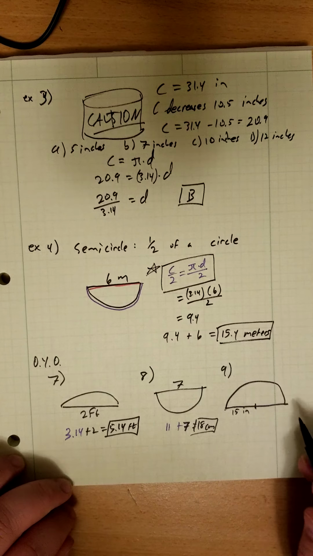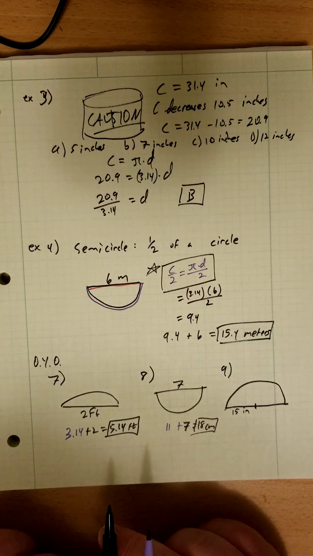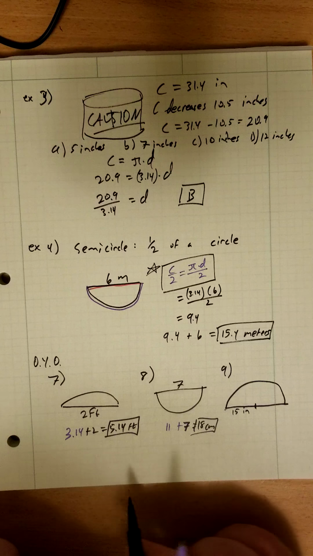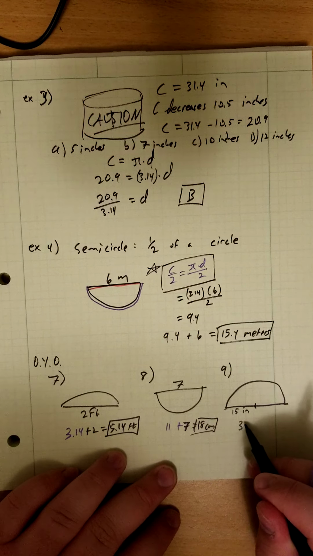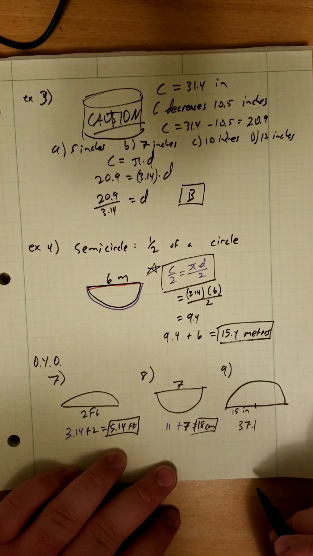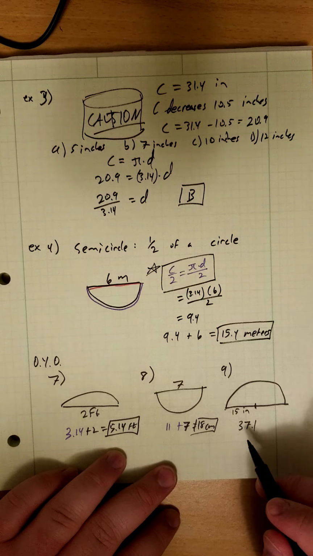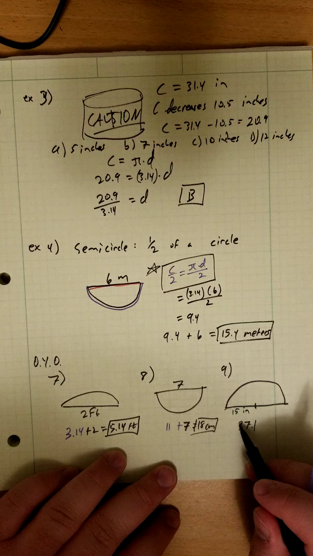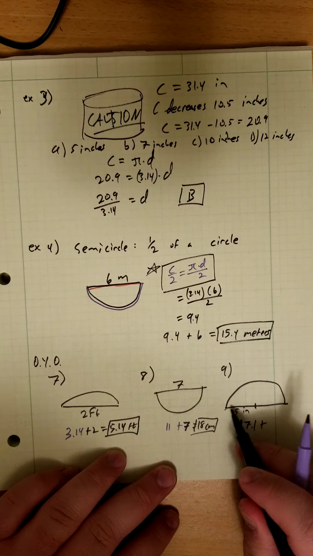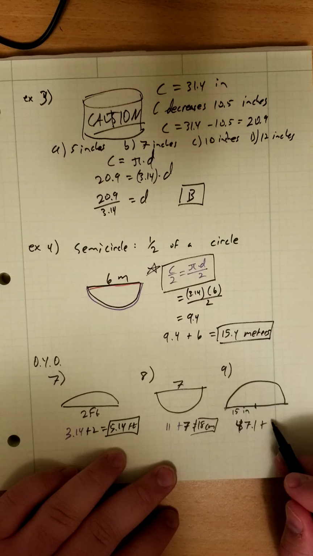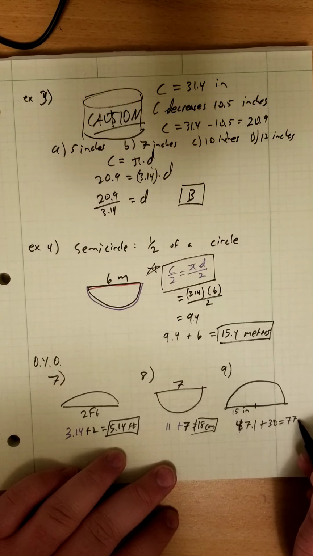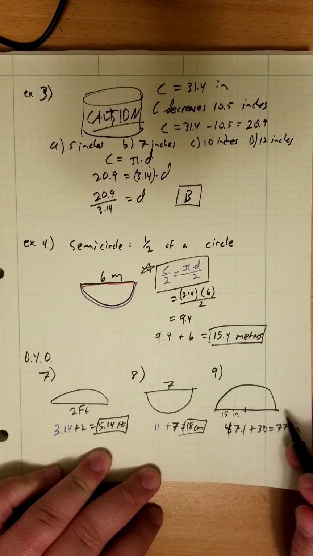And finally, this one here is the tricky one. The curved area of this is right around 47.1. But when you add the entire distance, that's 15 and 15, that's plus 30, that would equal 77.1 inches.